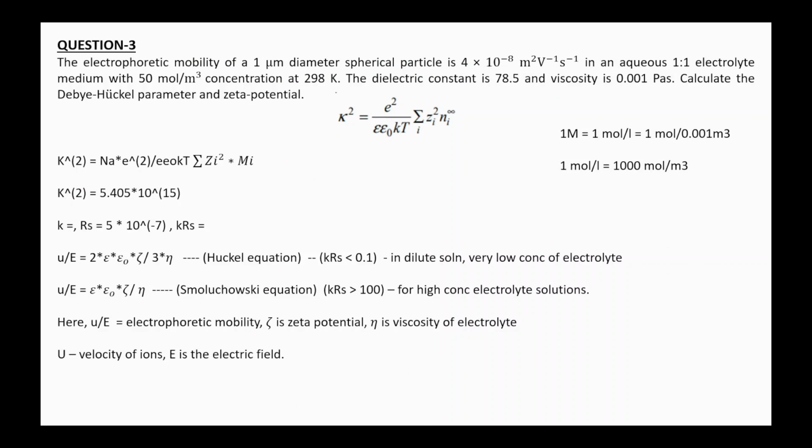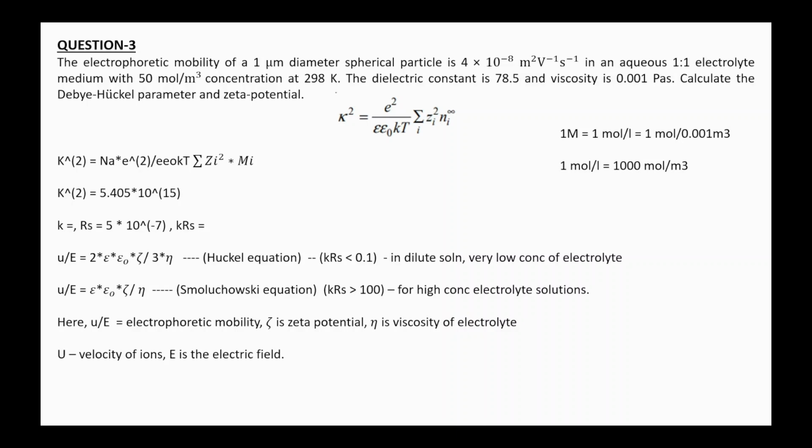You can take this as a home task or assignment, solve it, and let me know the answer in the next live interaction session, which is your summary session scheduled for tomorrow. The question goes like this. The electrophoretic mobility of a 1 micrometer diameter spherical particle is calculated to be 4 times 10 power minus 8 meter square per volt second, in an aqueous 1:1 symmetric electrolyte medium with a concentration of 50 mole per meter cube at 298 Kelvin.